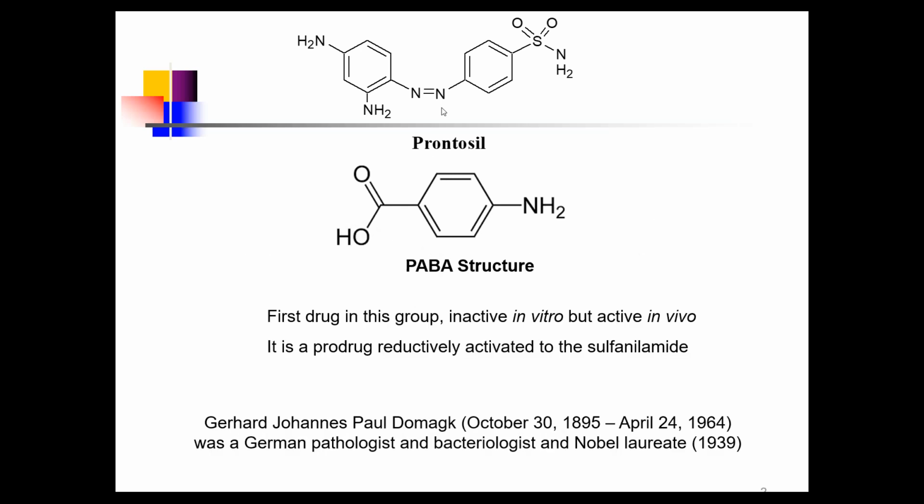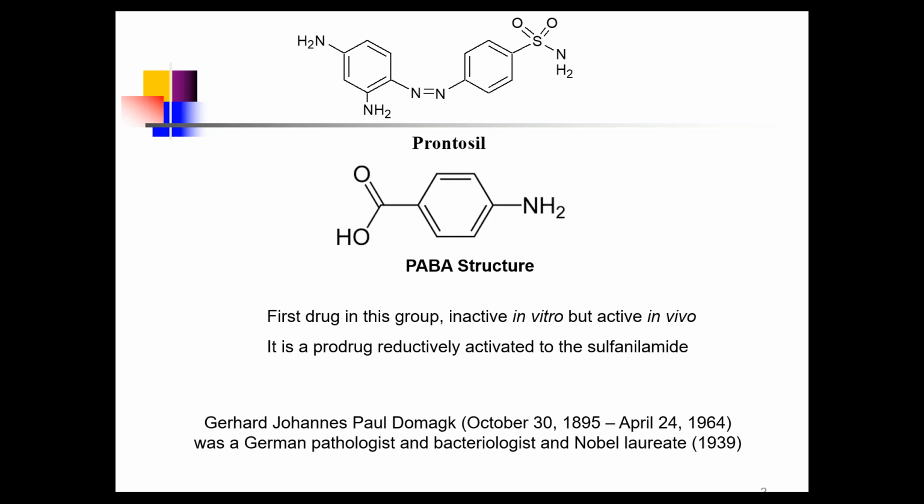Now, in vitro prontosil, which is a sulfonamide or a sulfonyl amide, does not have activity, but in an in vivo condition, it has very good activity against bacterial agents, especially against streptococcal infections.